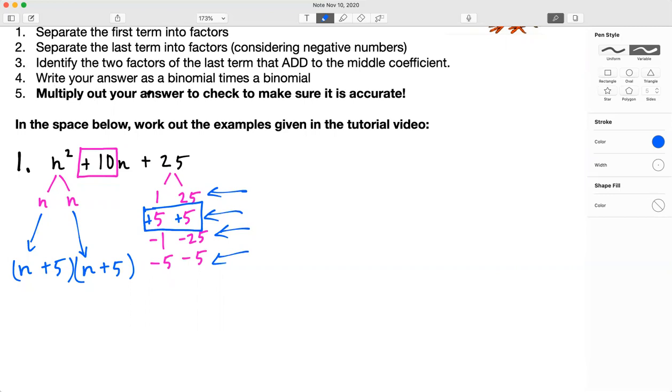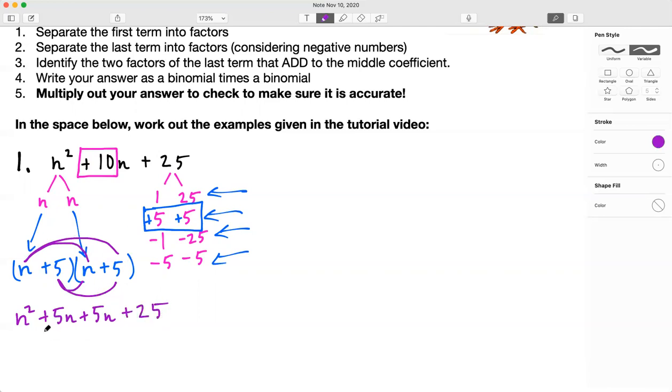But we still need to multiply out our answer to check to make sure it's accurate. So what does that mean? It means that we have to take n times n, which is n squared. Then we do n times 5, which is 5n. And then we do 5 times n, which is 5n again. And then we do 5 times 5. Remember this? Double distribution. And then we have a 25 here.